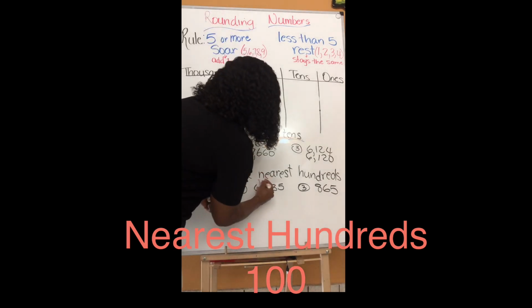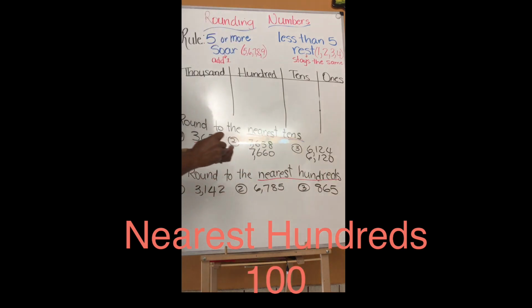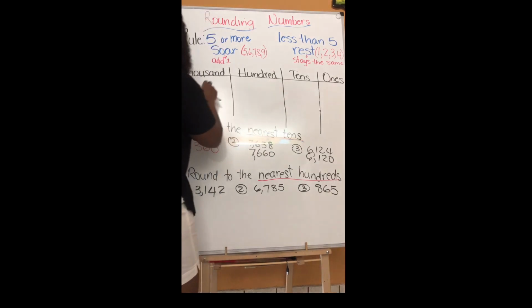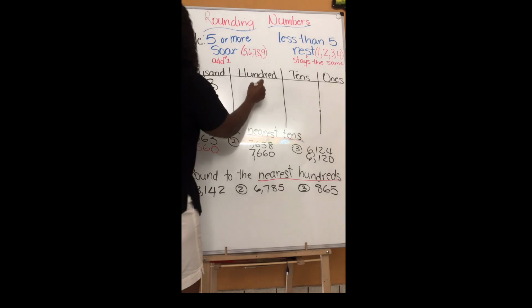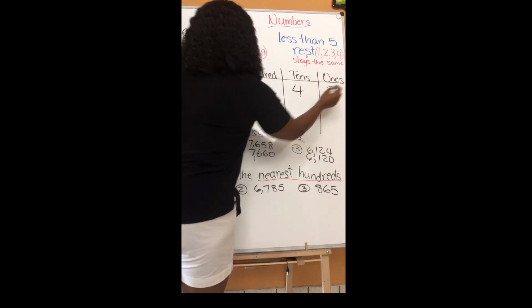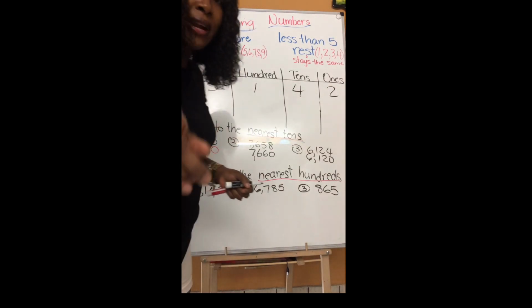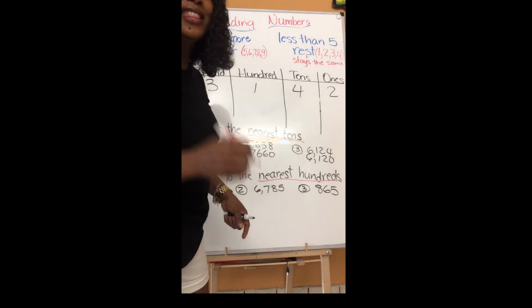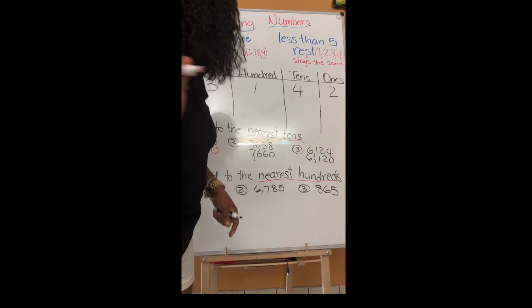Let's move on. Now we are going to round to the nearest 100. So let's underline that. And then we're going to put the numbers on the chart. 3,142, that's 4 digits. 1, 2, 3, 4. 3,142. We're rounding to the nearest hundreds, yes. So we are going to find the digit in the hundreds, please.